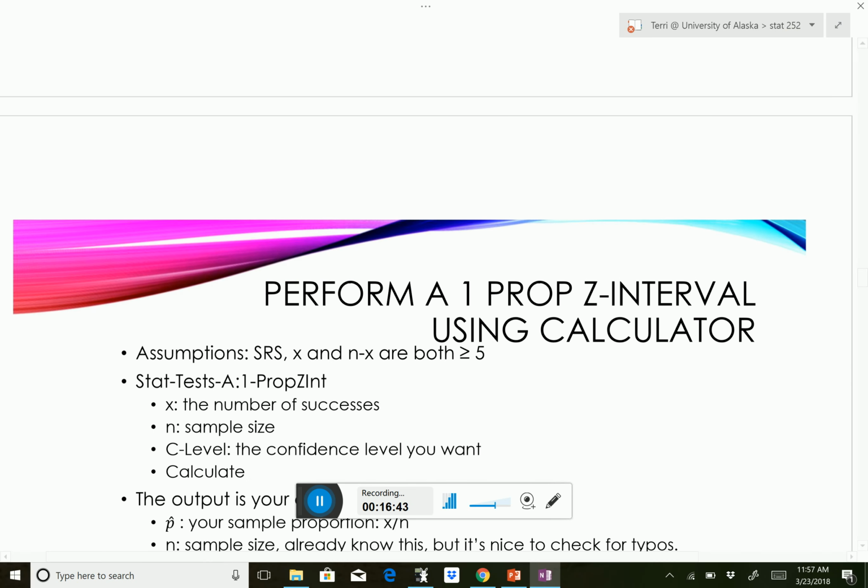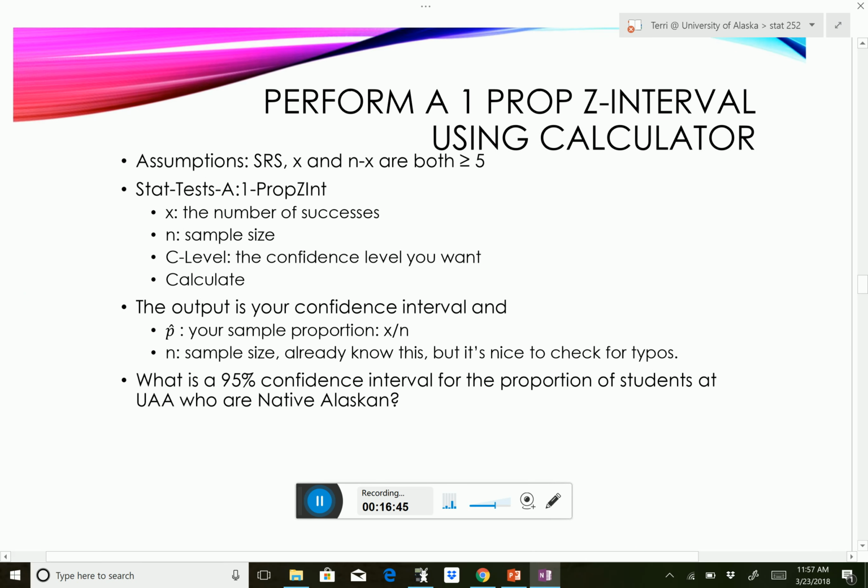Okay, so let's use our calculator to do this as well. Now, again, our assumptions, we go to 1 prop zint. This is very simple. You just put in the number of successes, the sample size, the confidence level, and hit calculate, and you're ready to go. Okay, and the output is just going to give you your confidence interval, your p hat, and your n.